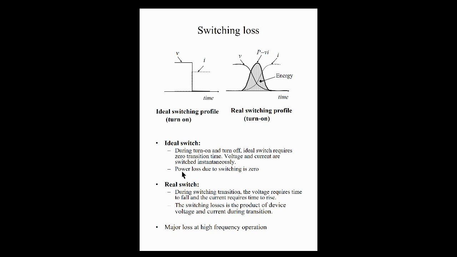And also the power loss here would be 0 in the case of the ideal switch, as you can see here. However, it's the complete opposite that was shown here in the case of the real switch. For this, the major loss is in the high frequency operation.